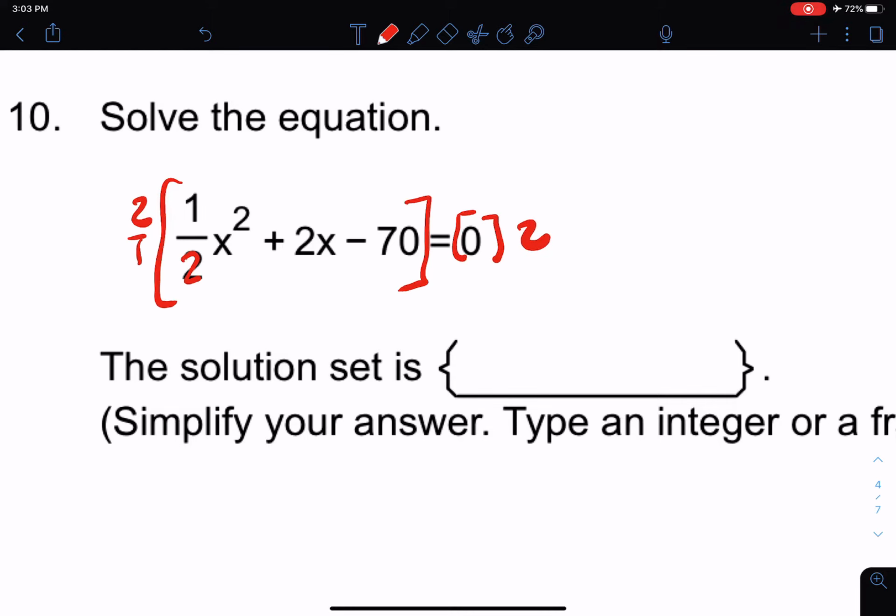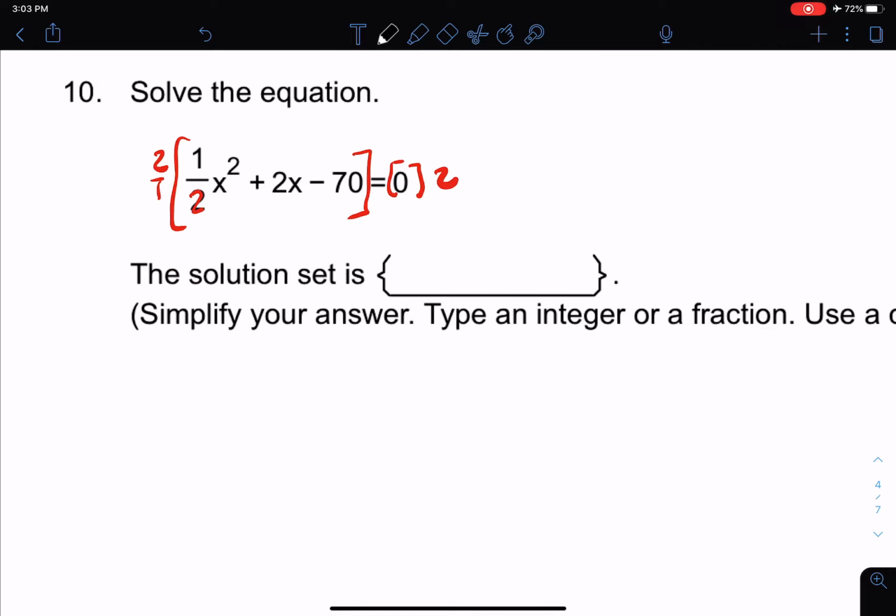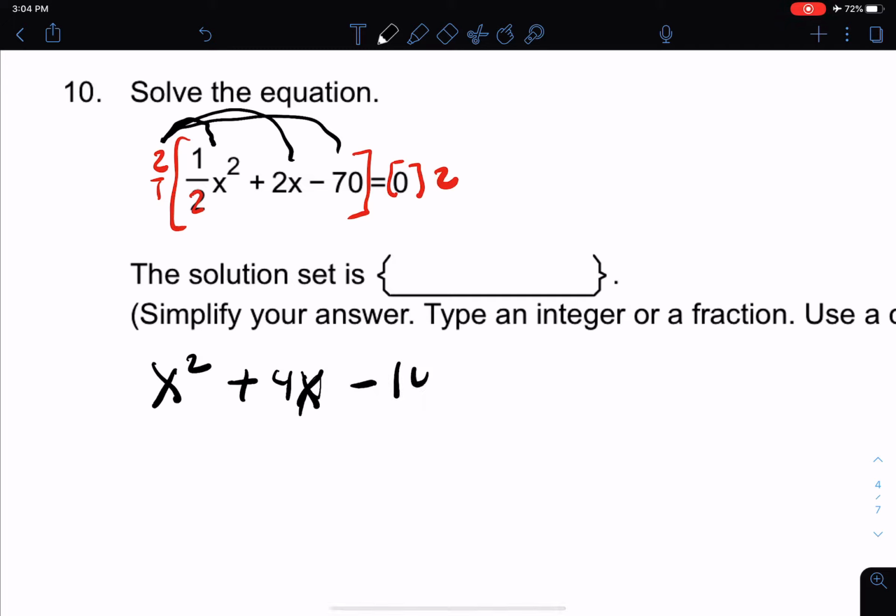Well, here's what happens. Let me zoom out a little bit, and let's write the results down here. 2 times 1.5, or half of 2, is just going to give us 1x squared. And 2 times 2x is 4x. And 2 times a negative 70 is negative 140.